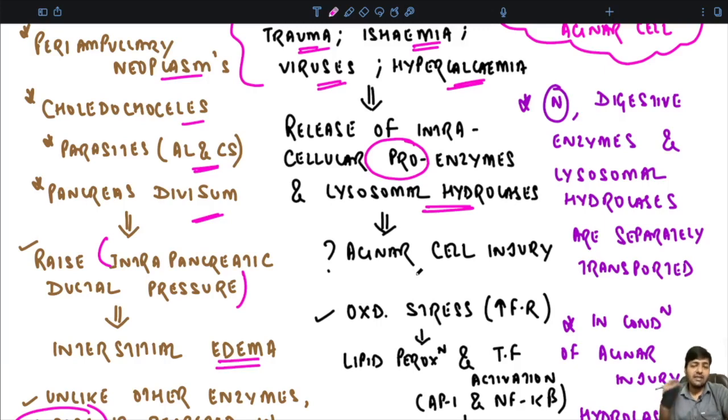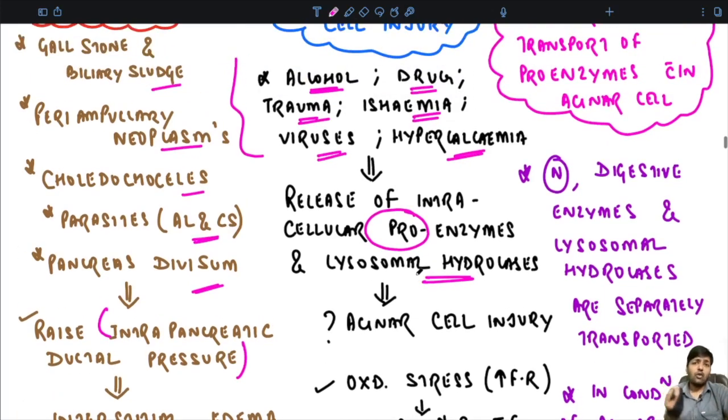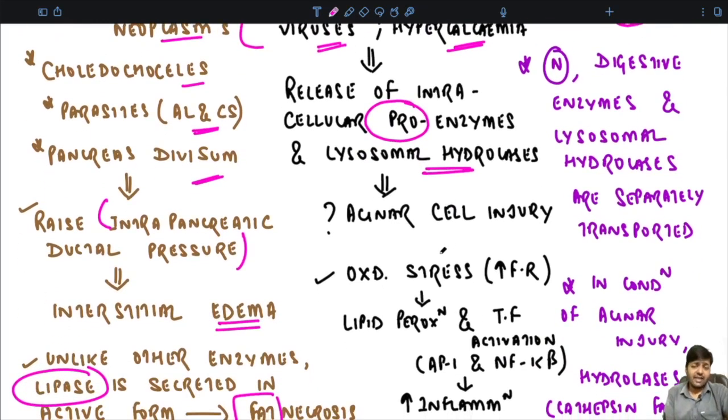They cause acinar cell injury because all these digestive enzymes should not be released inside the pancreas. They should become active where the food is present, in the gastrointestinal tract. But alcohol, drugs, trauma, ischemia, viruses, hypercalcemia, all of them can activate these enzymes within the pancreas, leading to acinar cell injury.